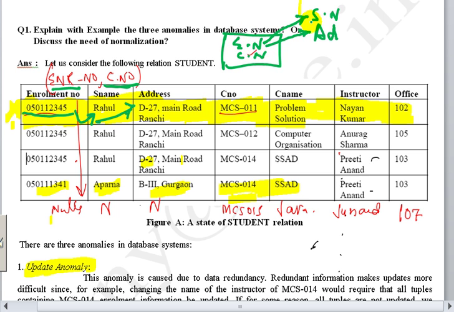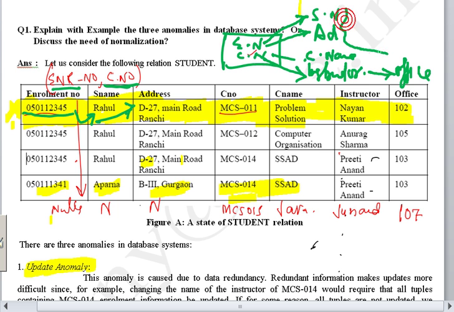They are dependent on half of the key, and the course number is the other half of the key, whereas course name and instructor, no need to write because we have it in the notes later on, right? And even the office is determined by the instructor. This is called partial dependency: these attributes are not dependent on the full key.